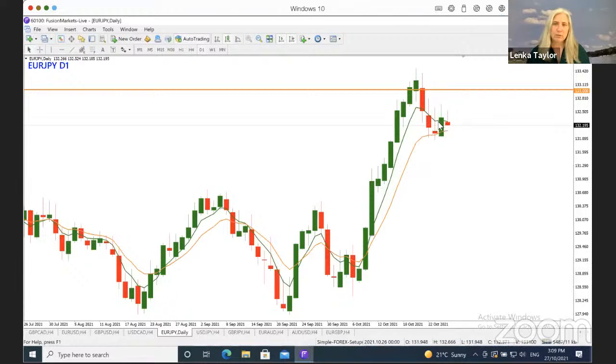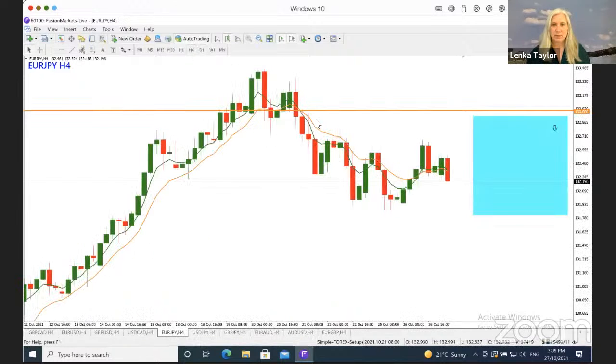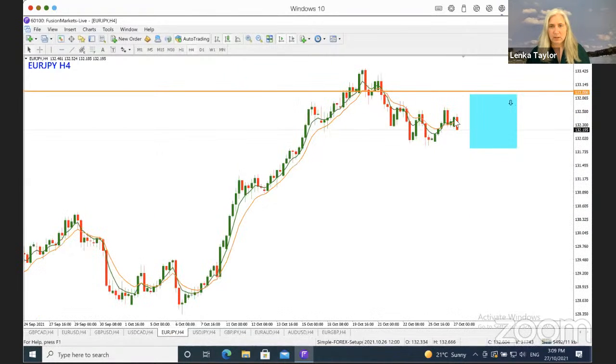Now I'm looking for sideways action. I always like a little bit of sideways action or a pullback to the resistance line again, and then looking for a short opportunity. So let's see what happens there. This sideways movement looks quite good.